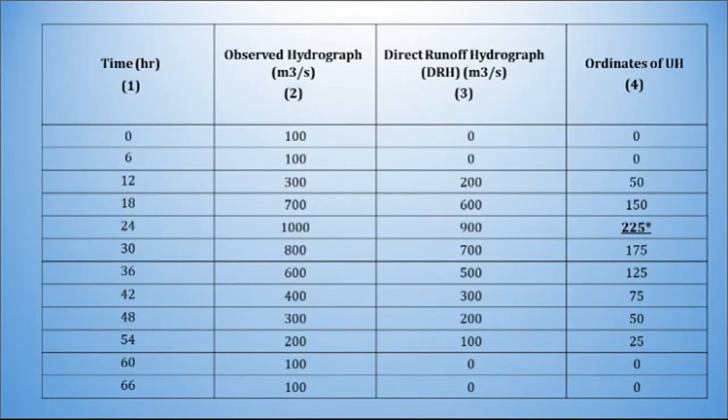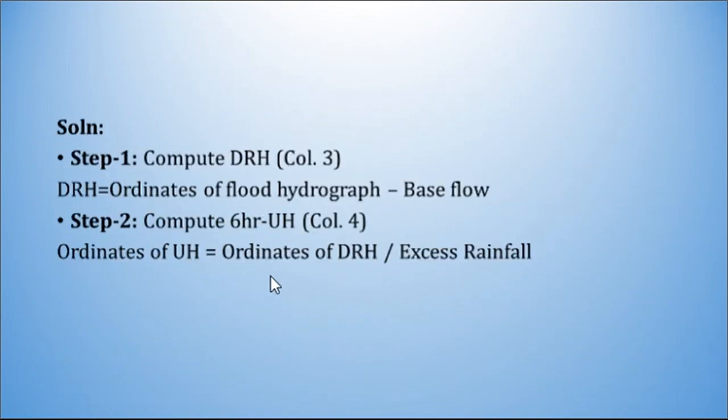Here the computations are shown. Just go through the computations. Time is shown, and the observed value of hydrograph in meter cube per second is shown. Then the direct runoff hydrograph is derived by subtracting the base flow from the second column, and ordinates of the unit hydrograph are found by dividing the ordinates of DRH by excess rainfall.